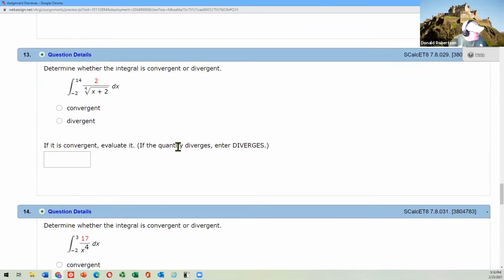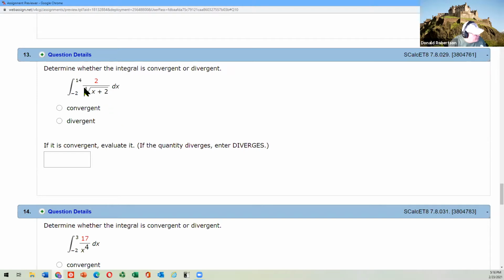Okay. Would you agree that 13 has a problem? Which one of those limits, the -2 limit of integration or the 14? Where is the problem with question 13? -2. Agreed. So if you were doing this question, wouldn't it be the limit as t tends to -2 of the integral from t to 14?